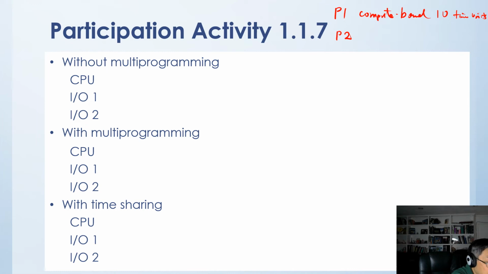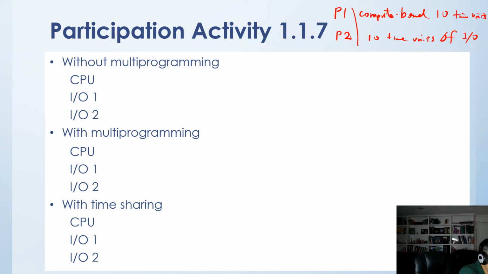Each is followed by 10 time units of I/O operations. So each just runs a computer bound operation for 10 time units, and then is followed by 10 time units of I/O operations. So let's take a look at the first case.